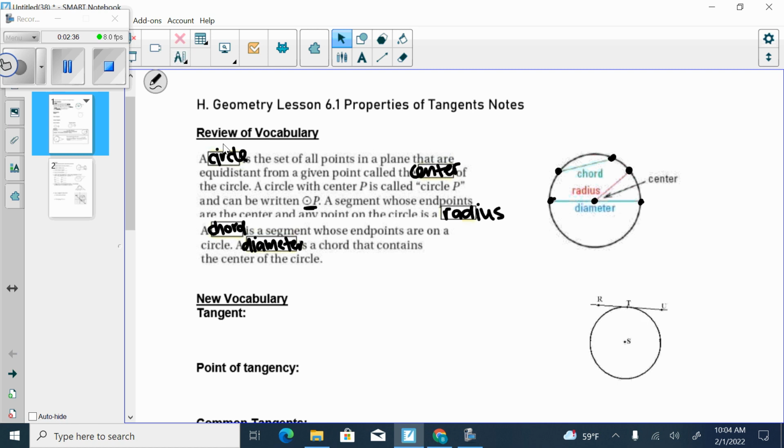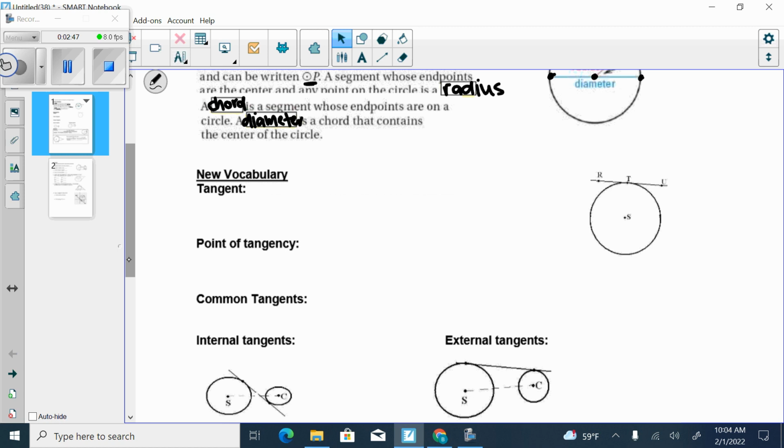Okay, so some of those are review vocab like radius and diameter. Some of these are new terms. All right, so another new vocabulary word we will be adding is tangent. A tangent is a line that intersects a circle at exactly one point.